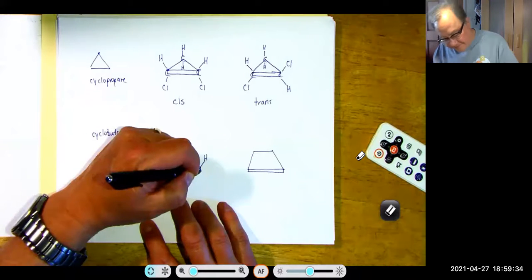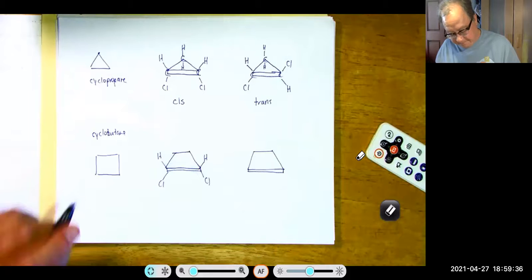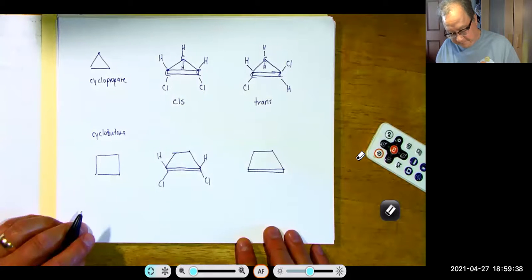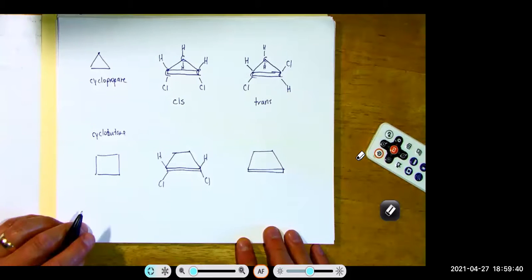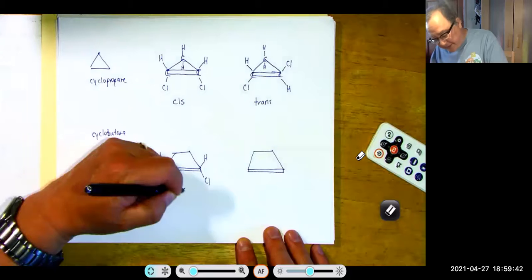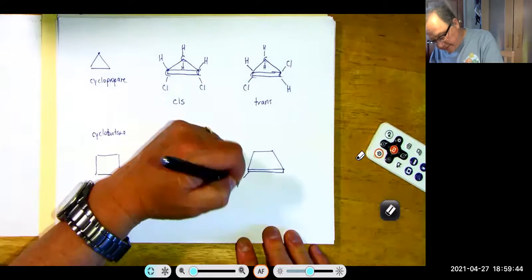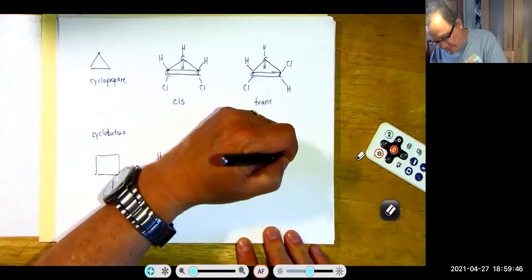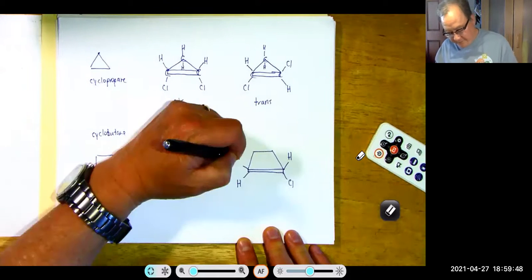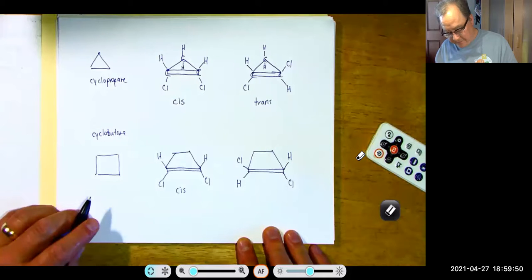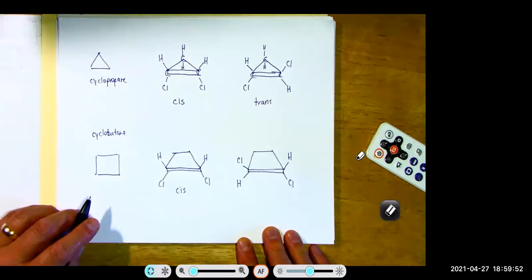So what would this be? Cis. Cis. And what would this be? Trans. Trans.